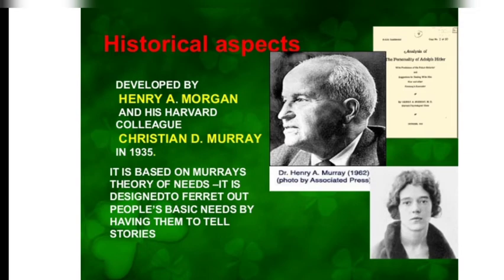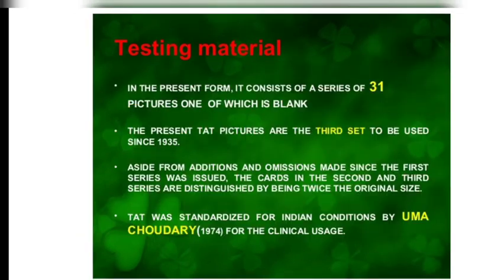It is based on Murray's theory of needs. It is designed to ferret out people's basic needs by having them tell a story. So Murray developed a theory of needs, and on the basis of those needs, this particular test was developed.